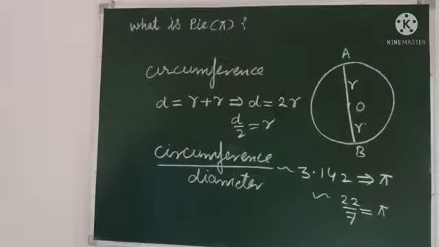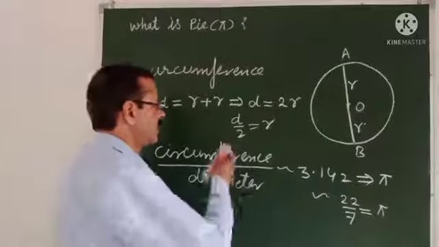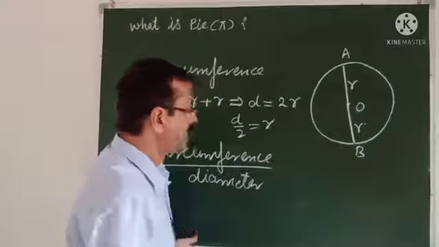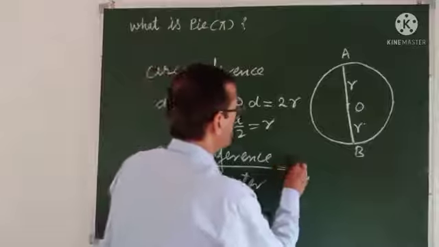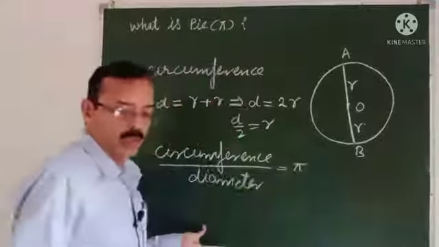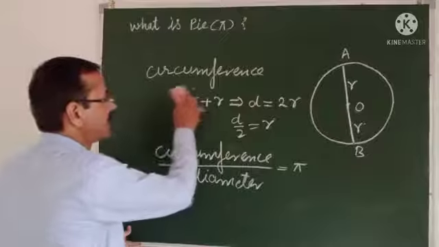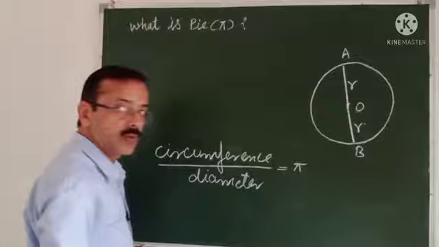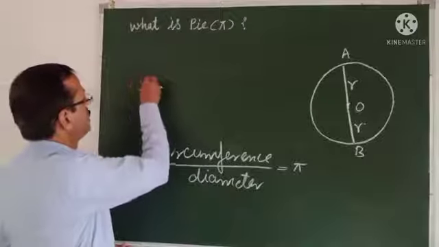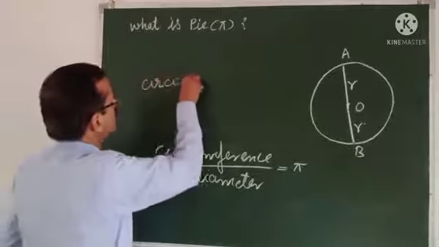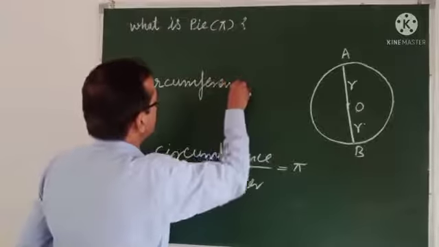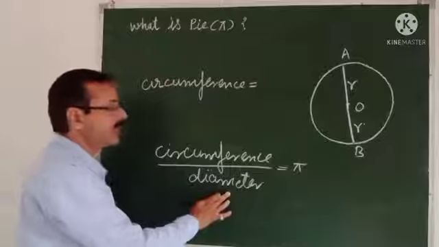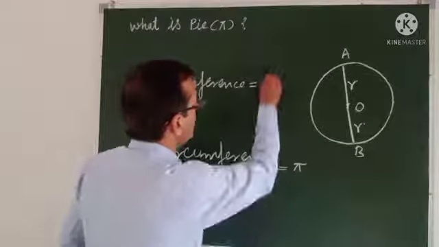So this ratio is equal to pi. So we can say circumference is equal to pi times the diameter, where the symbol for diameter is d, so we can write pi d.